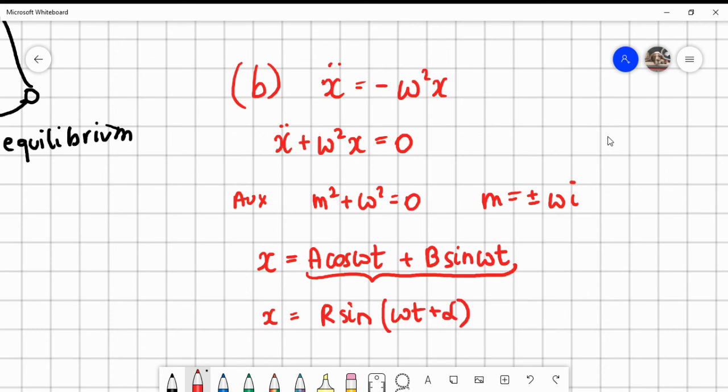We could say R is going to be the square root of A squared plus B squared, and you can find the expression for alpha. Better to do it when you've got some values. Okay, I'm going to stop here, because this video is just an introduction to simple harmonic motion, and we're going to go on to example 5.